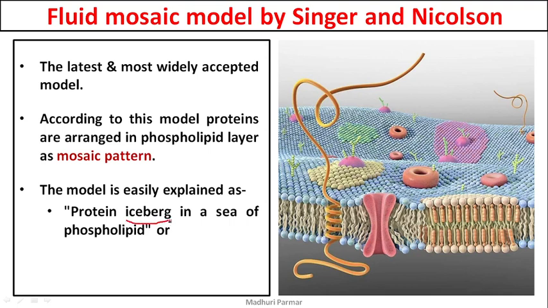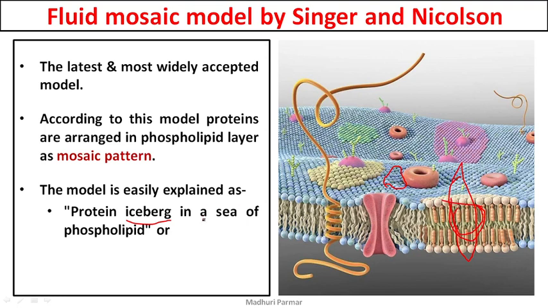Iceberg, I hope you know. The same thing which sank the Titanic. The thing responsible for the sinking of the Titanic is called an iceberg. So proteins are like icebergs. Some of them are just floating on the surface, while others are embedded deep within. You know, the tip of the iceberg, they say almost two-thirds of any iceberg is beneath, underwater.